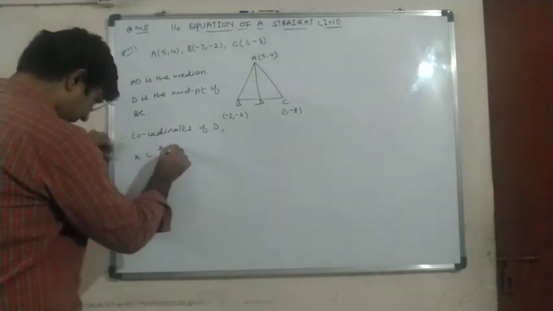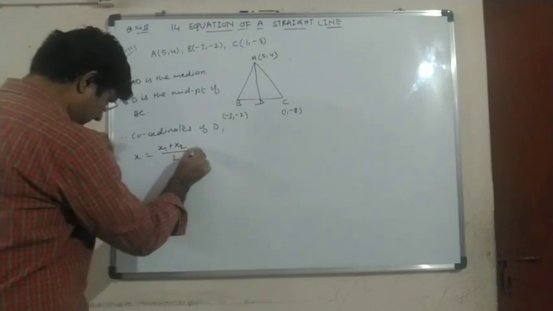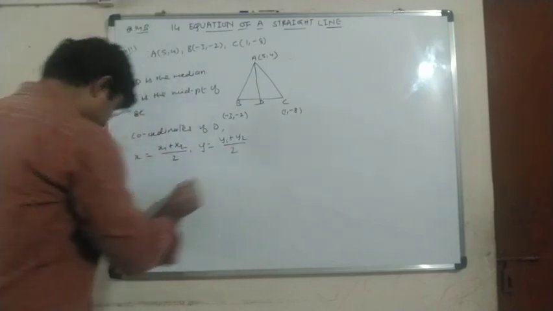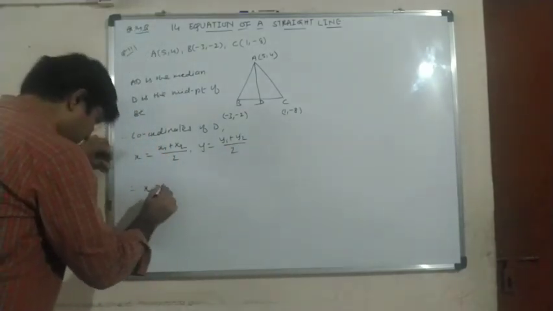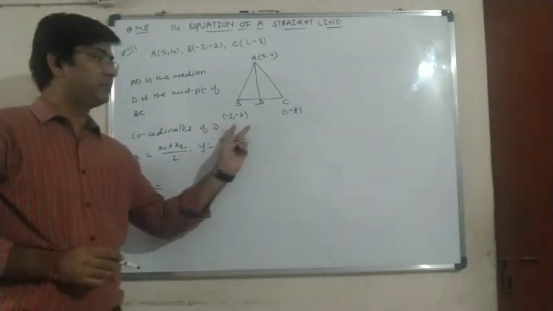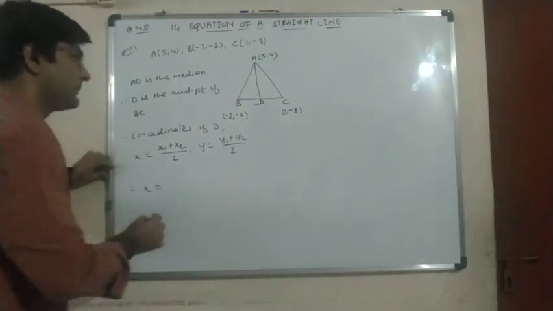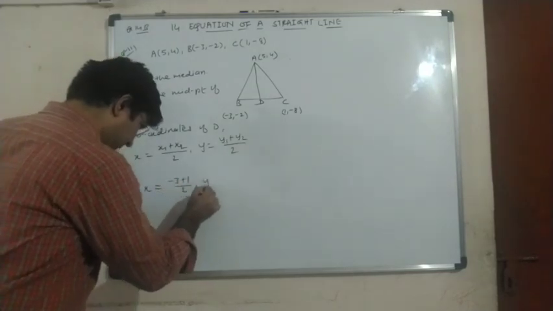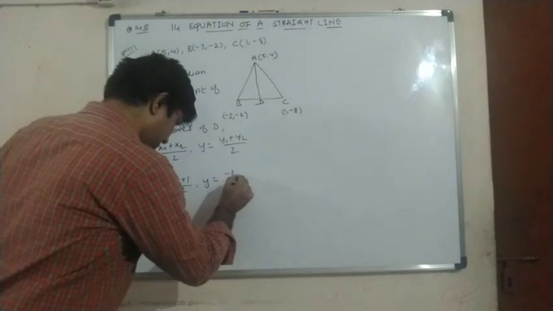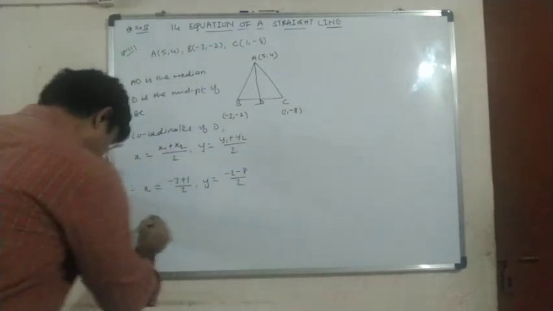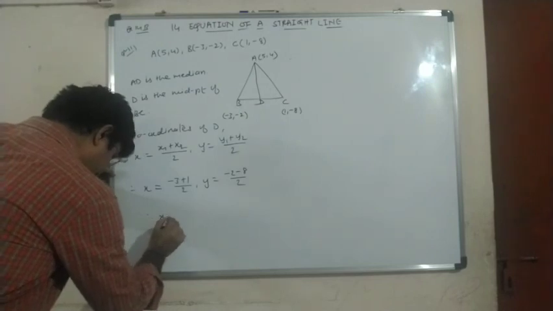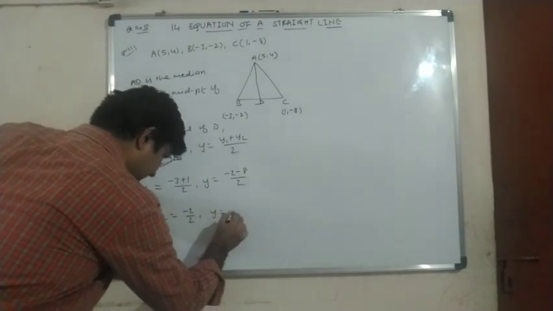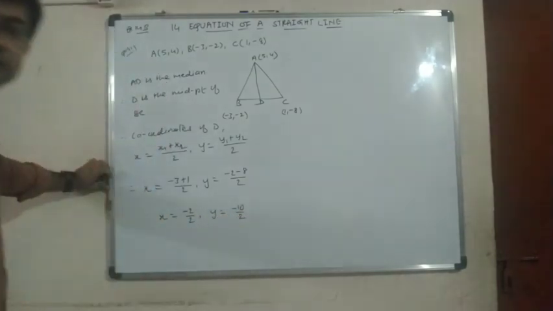x is equal to (x1 plus x2) upon 2, and y is equal to (y1 plus y2) upon 2. Now let us put the values. Okay, x1 and y1 are the coordinates of B and x2, y2 are the coordinates of C. So x equals (-3 plus 1) upon 2, and y equals (-2 minus 8) upon 2. Therefore, x equals -2 upon 2 and y equals -10 upon 2.